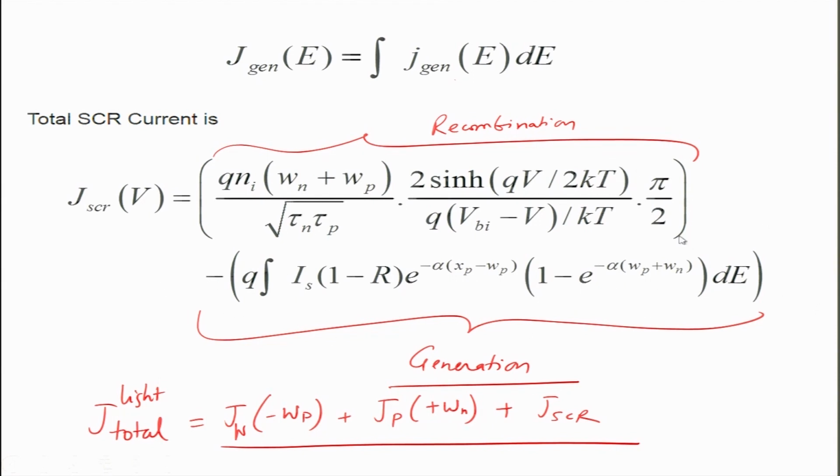So, generation current will be negative, whereas recombination current will be positive. So basically in the light total current is Jn at minus Wp plus Jp at plus Wn plus Jscr, and this is what is the total current, which is simplified by making a few assumptions to make them suited to the practical solar cell diodes.